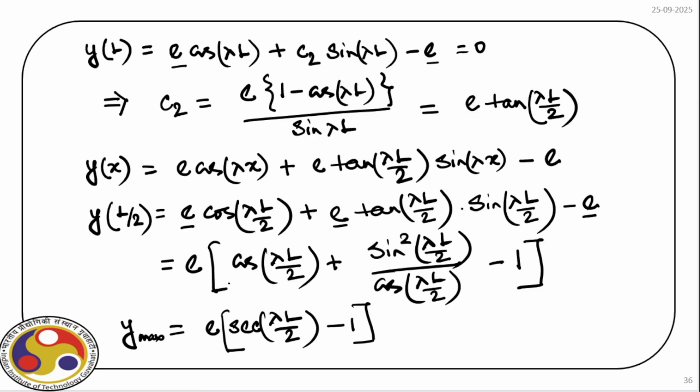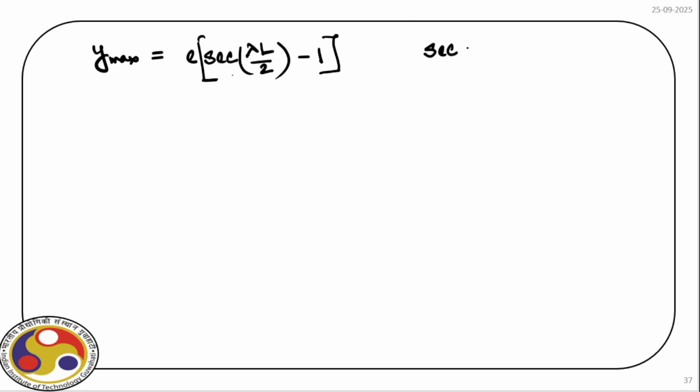So we have the expression for maximum deformation at the center, and we can further simplify it. That we'll do in a minute. So we have y max equal to E sec lambda L by 2 minus 1, and sec theta we can write as an infinite series.